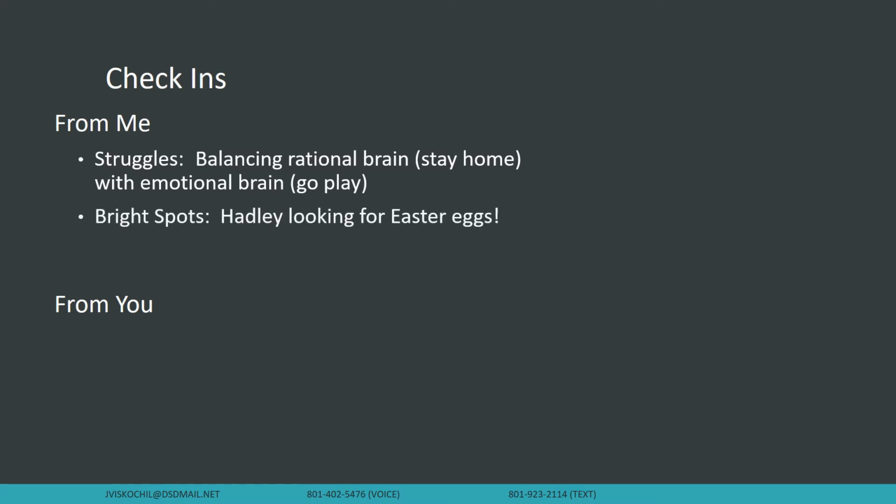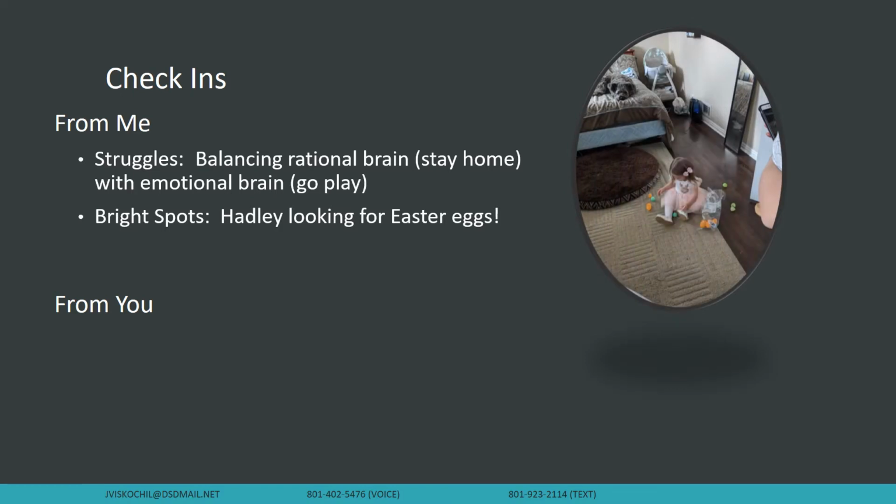Bright spot was Hadley yesterday looking for Easter eggs. This was a ton of fun. She's cute. She had a little Easter outfit on, and we put some M&Ms and little eggs, and she loved it. I like this picture too because it shows that our dog Kingsley chooses to sleep on our bed instead of the expensive dog bed that we thought he would like.